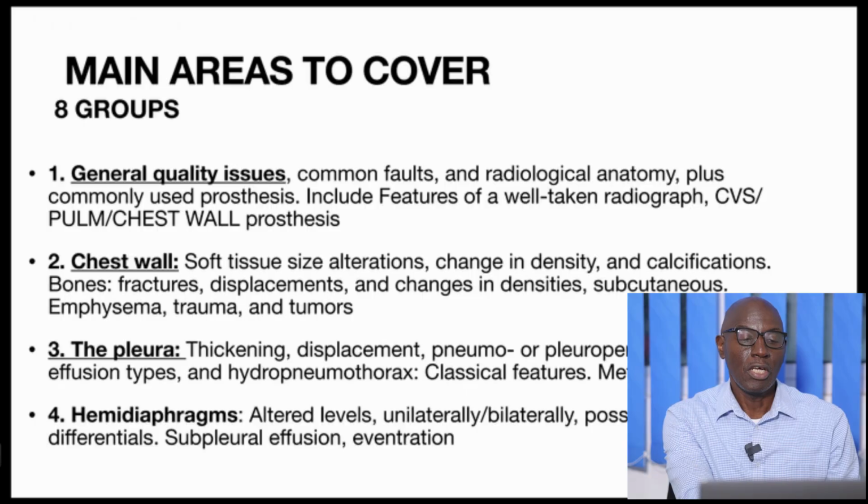Then we shall look at the features of a well-taken radiograph. When do we say this is a well-taken radiograph? After that, like I said, it should be a systematic study. We are going to look at the chest wall, and here we are interested in the skin, the soft tissues, and the bones, their displacement and their densities. Following that, we shall look at the pleura.